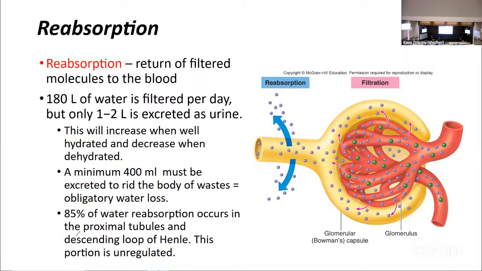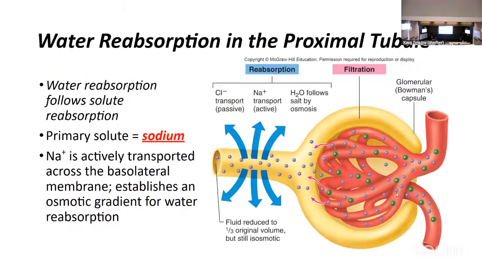We'll see that the loop of Henle also does some water reabsorption, and there will be some more complex details there. But the proximal tubule water reabsorption, which is most of it, is unregulated. So we're going to see no hormones involved, no nerves involved. This is just water moving on its own out of the proximal tubule.